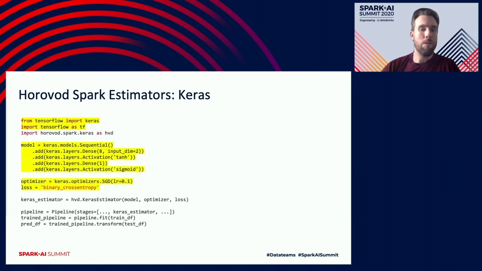And so to take a deep dive into this code, let's first look at the parts that are deep learning specific. Everything that's highlighted here is just your ordinary Keras code. You're importing from TensorFlow, creating a simple model, as well as defining your optimizer and your loss function.